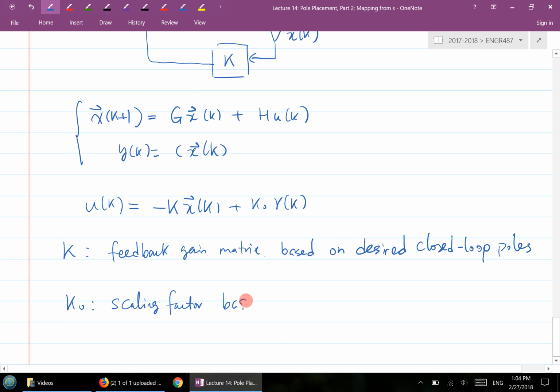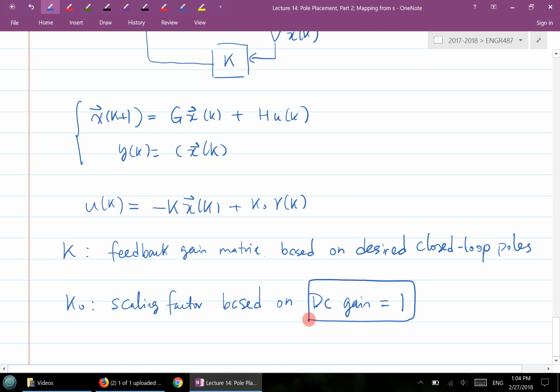Now this one here, I'll show you. This one will be based on the so-called DC gain equal to 1. So you will find it based on the fact that the DC gain needs to be 1.